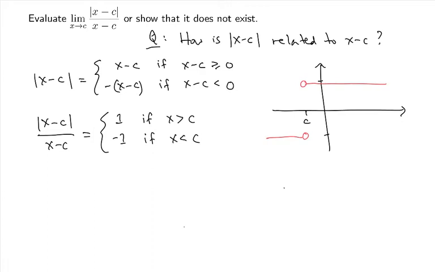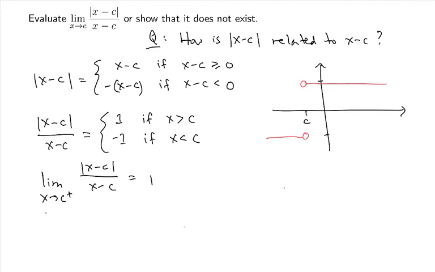Notice that we need to compute this limit from the right and from the left, because we're going to have different behavior coming from either direction. So the limit as x approaches c from the right of the absolute value of x minus c divided by x minus c is going to be equal to what? As x approaches c from the right, it's coming along the x-axis this way, and you can see that the limit is just equal to positive 1.